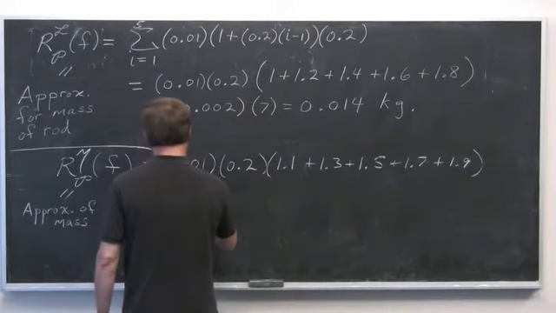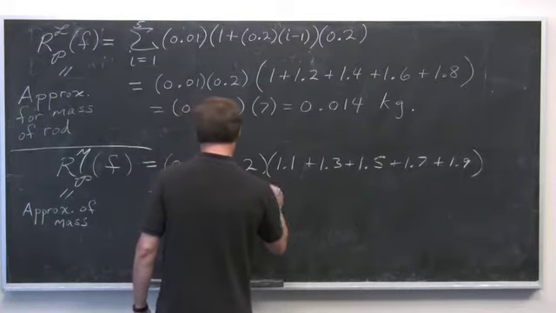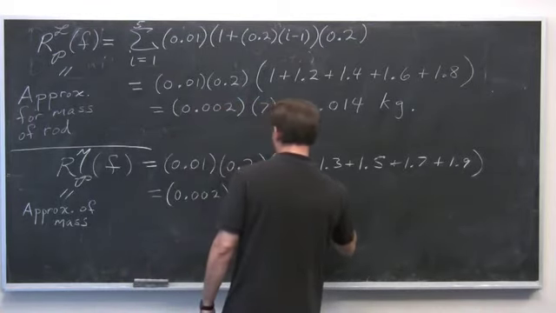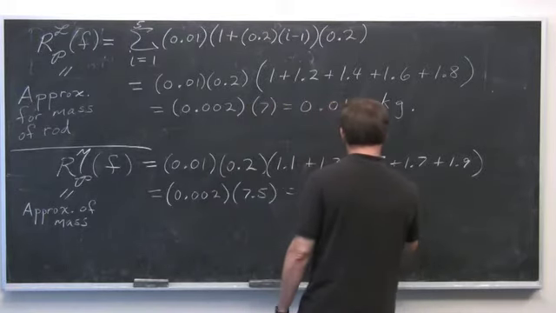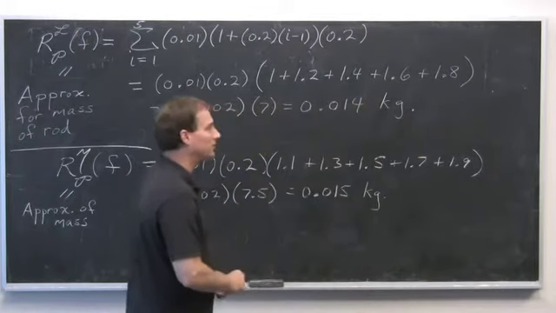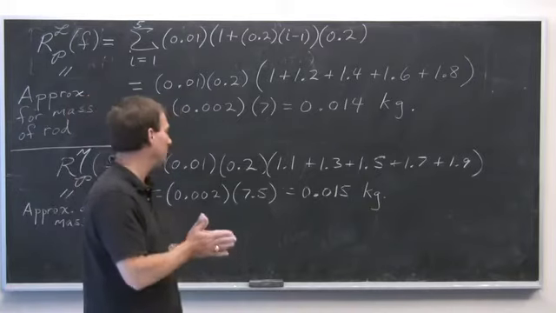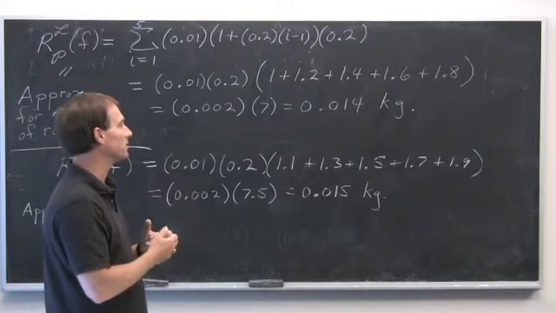So we get 0.002 times 7.5. So we get 0.015 kilograms. It's true it's the average of the other two, but that doesn't have to be the case, that when you take the midpoint one, you get the average of the left Riemann sum and the right Riemann sum.